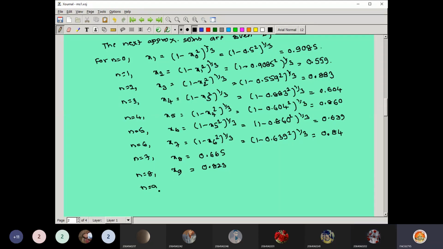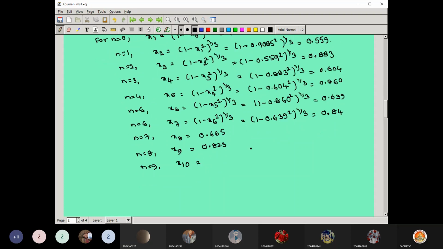So go for the next, n equal to 9, so that x10. Will you get 0.7 something? 0.686. Oh, so it will take more time.